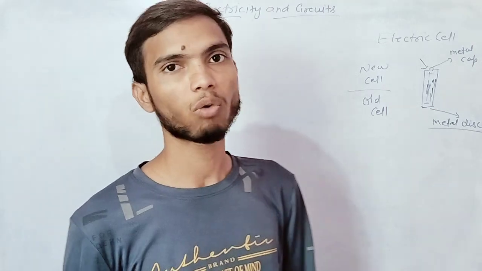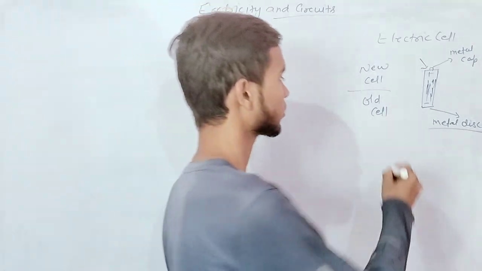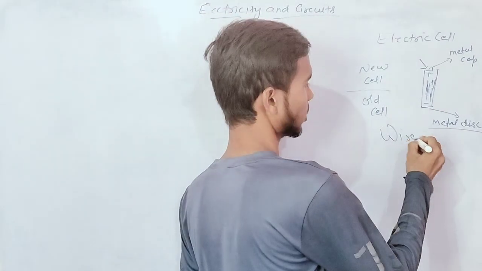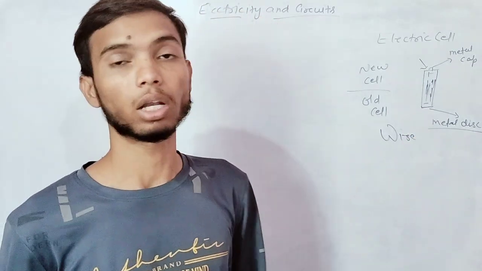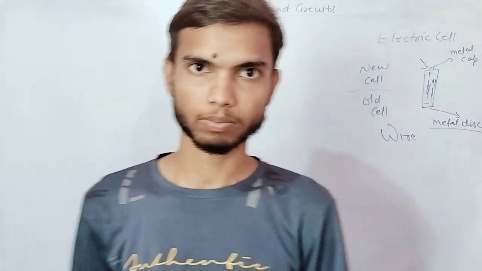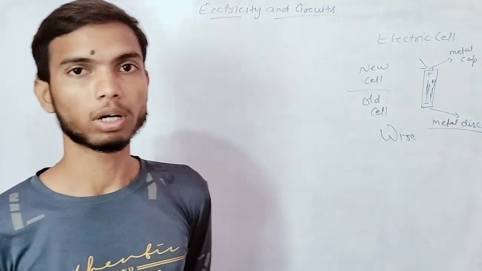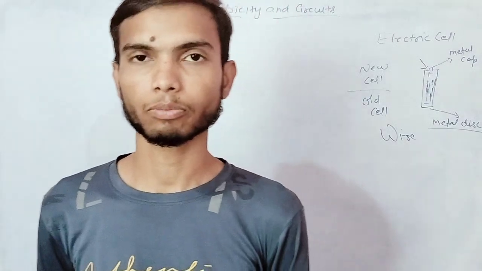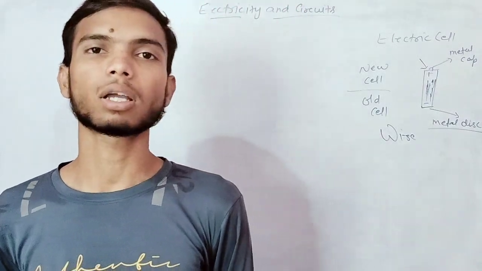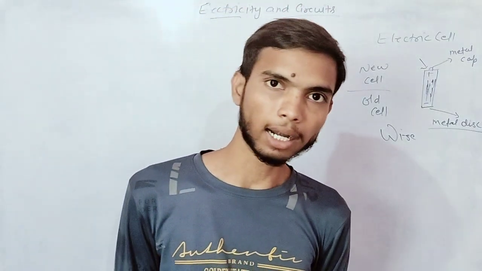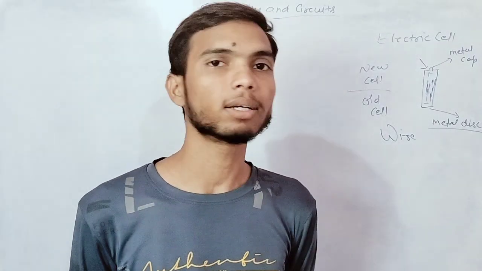Now wire has what? Wire has electrons. So the chemical storage has electricity, it has a current, and this is what it provides.